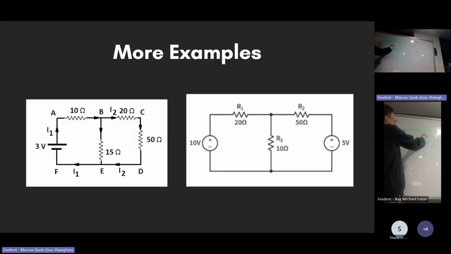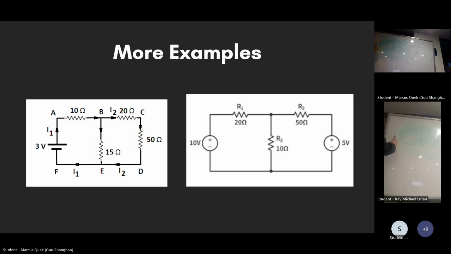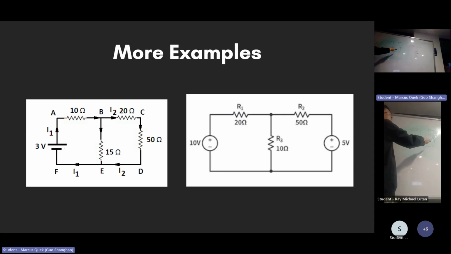But because we know this voltage is 3 volts, when you calculate this loop, it doesn't really make sense. If you've got fewer unknowns, it will be better. So when doing this circuit, it makes more sense to use the outer loop instead of this loop.